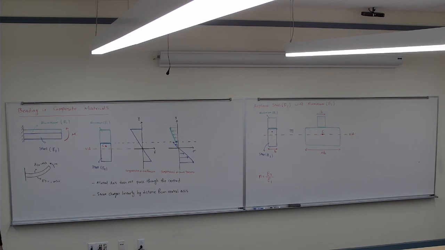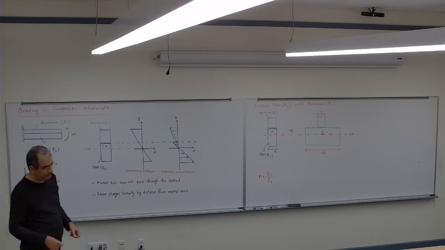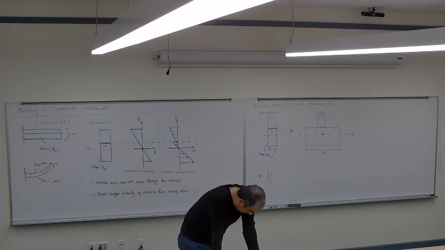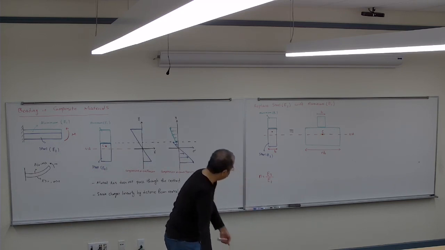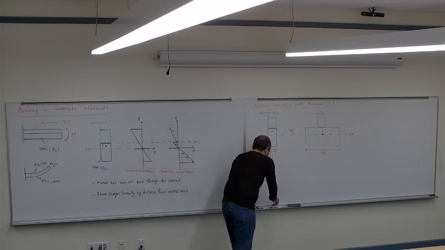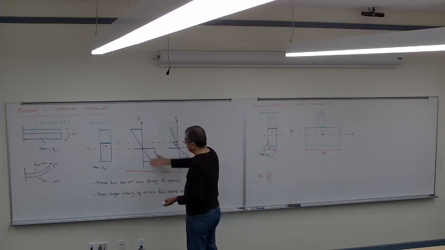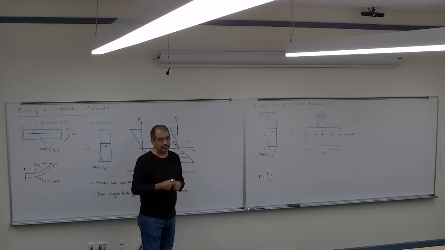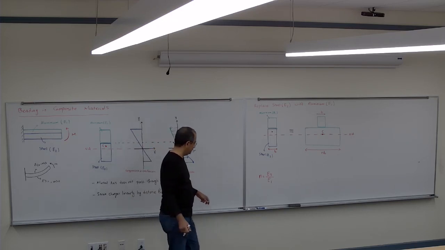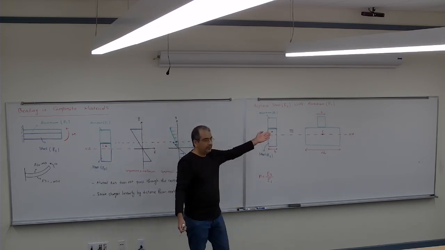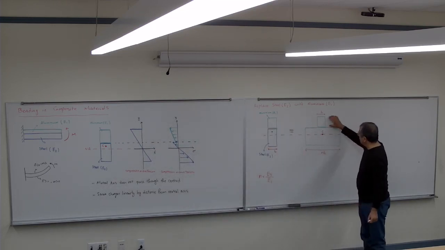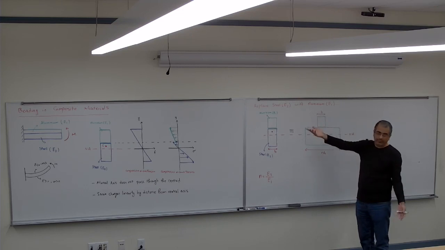Now, again, the strain stays the same, doesn't matter. But how am I going to calculate the stress? The stress in the aluminum part doesn't change, because I haven't messed with the top part. The stress in the aluminum section is the same as before.